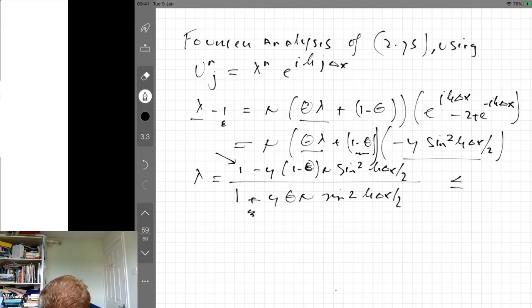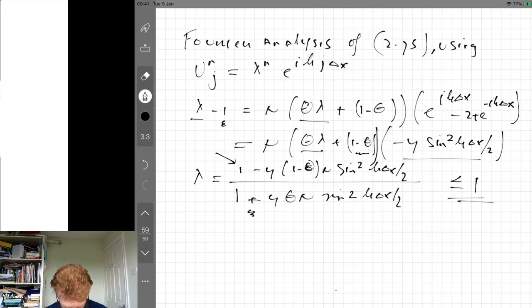Which is always less or equal than 1, because the numerator is less than 1 and the denominator is bigger than 1. No, we want this to be less or equal than 1, so now we have to analyze.